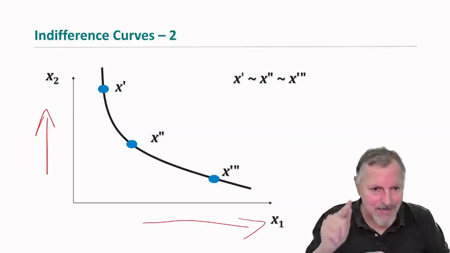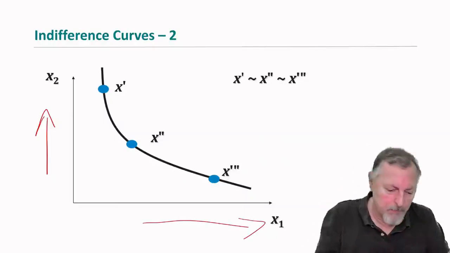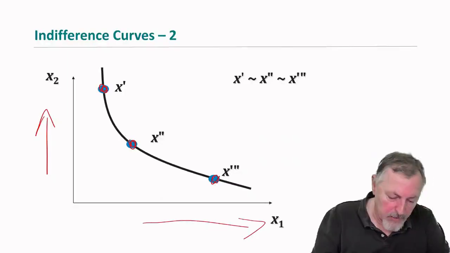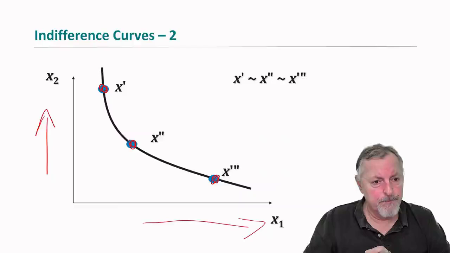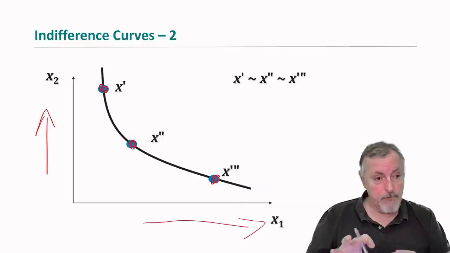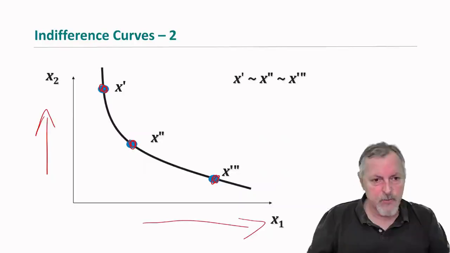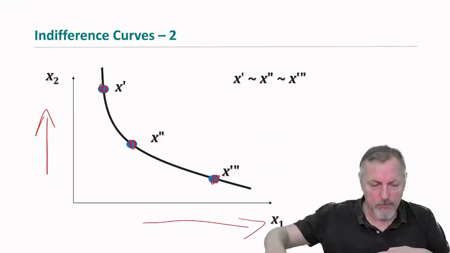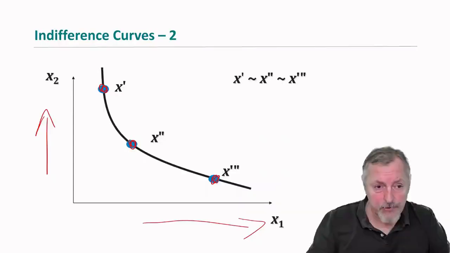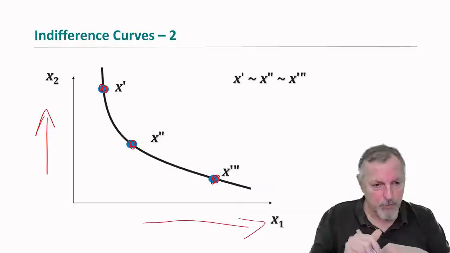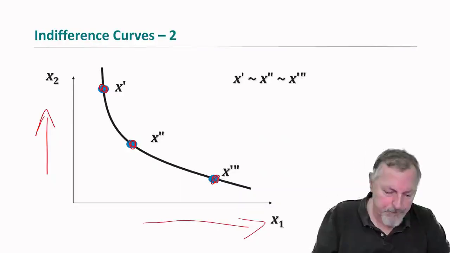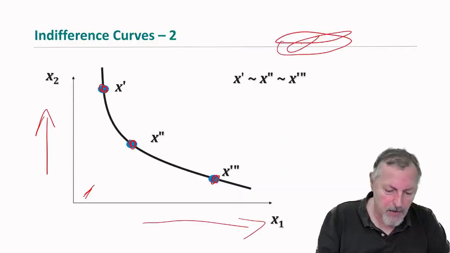You get the exact same amount of happiness from that point, and from that point, and from that point. If you saw the full 3D image, this would be a level set, a horizontal cross-section of the mountain that, from your perspective, is going up to your upper right. This is the valley. Maybe the top of the mountain's up there.